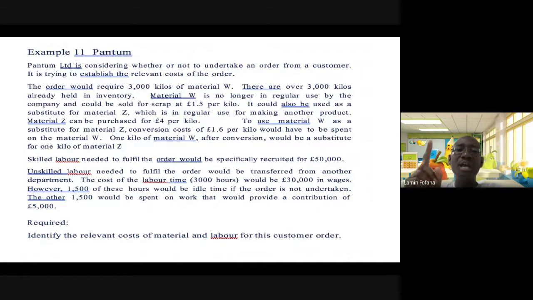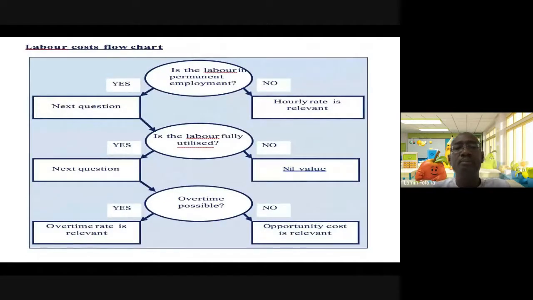So the flow chart is very, very important. So we go to the skilled labor. Skilled labor needed to fulfill the order would be specifically recruited for 50,000 pounds. So let's go to our labor flow chart. Is the labor in permanent employment? The labor that we're going to use for this order, is it in permanent employment?